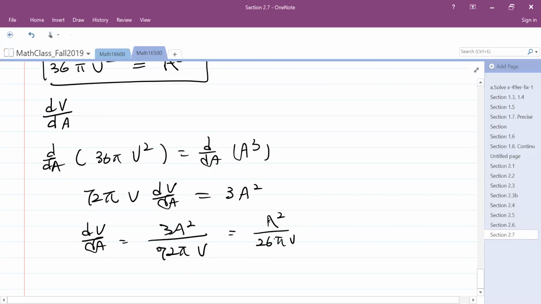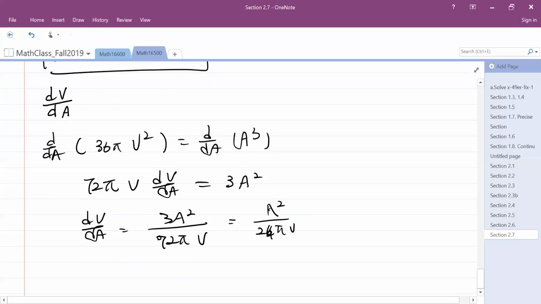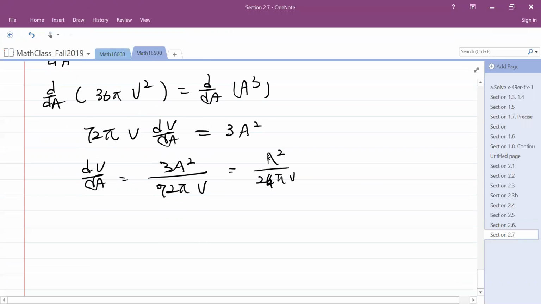No, it's 24. So that's the meaning of dV/dA: it is just the rate of change in the volume with respect to A. Let's take a look at, and this is from mathematics.